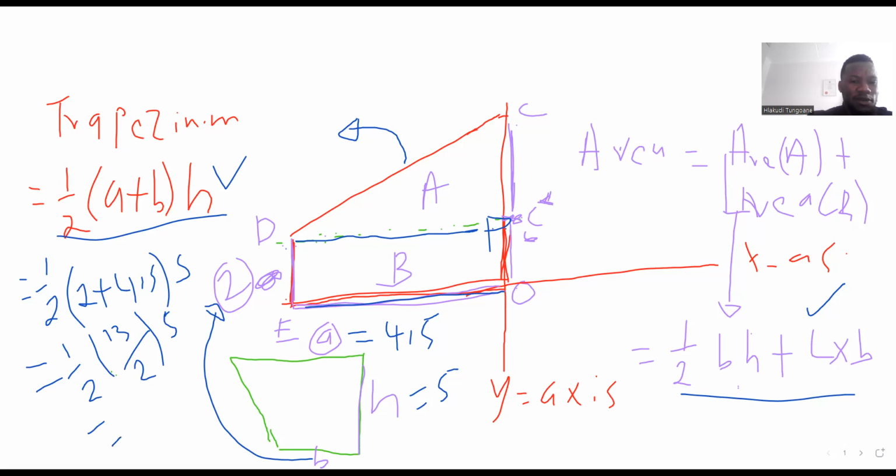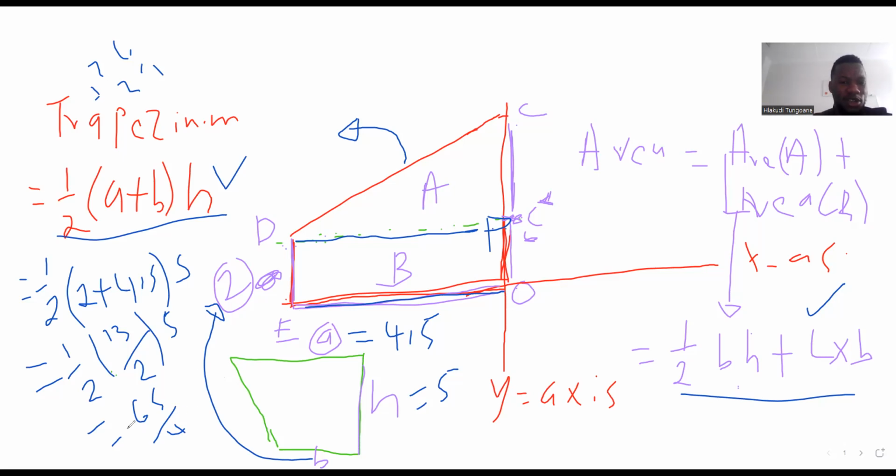If you multiply this out, you're gonna have 13 times 5 divided by 4, right? 13 times 5 divided by 4, so that's 26 plus 39, that's the same as 65 over 4. Okay, that's the area.